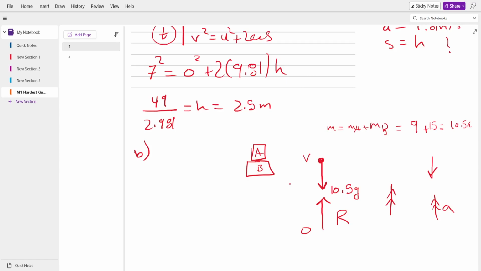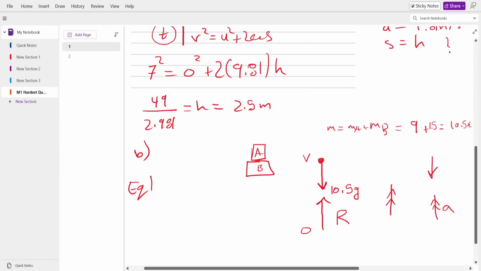And by the way, here it's no longer an equilibrium equation. Why is it not equilibrium? Because equilibrium happens when we are at rest or moving with constant speed. As long as I have an acceleration, this is no longer equilibrium, so I will not equate these forces to each other.